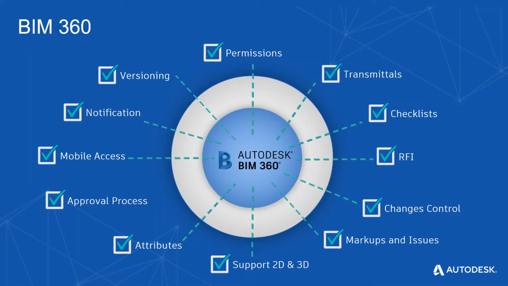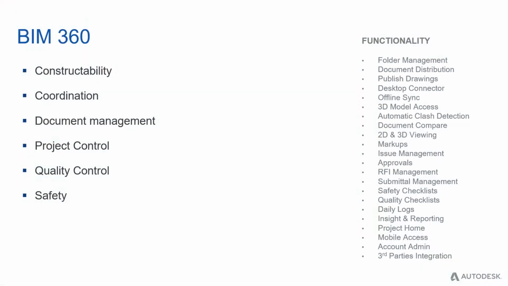However, at this point, I am not going to talk about each and every functionality, because what I want to explain is what you can see here on the left-hand side. These are workflows, tasks which you have on your side, which you have to do, for example document management, coordination, construction-side quality control, and so on and so forth.